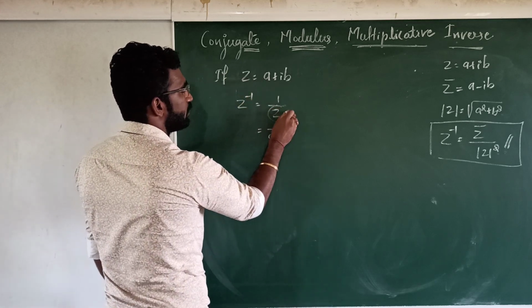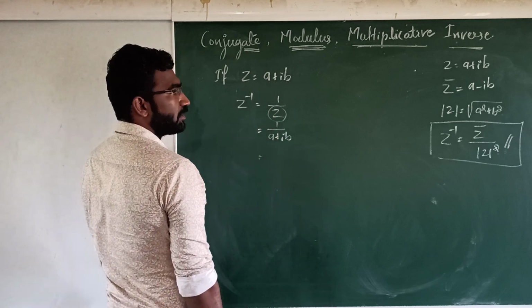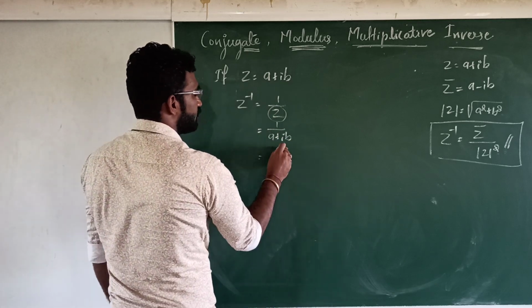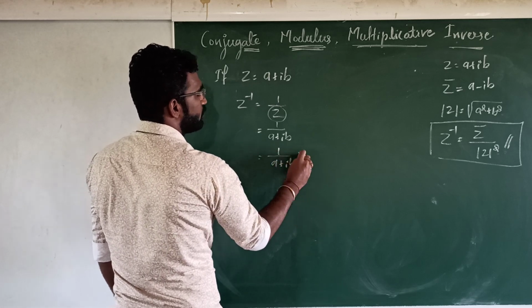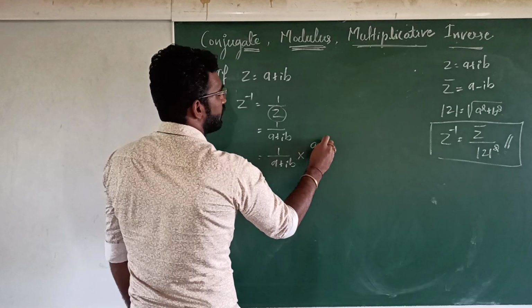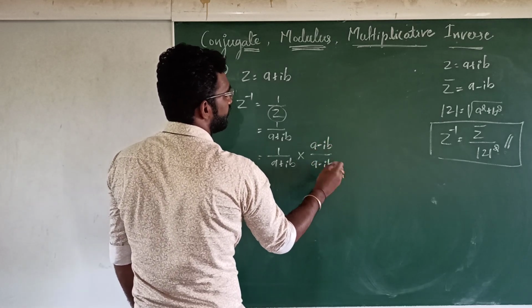In the place of z I have substituted this value. So if it is in the denominator you should go for rationalization. Rationalization means if a plus ib is there, then you should multiply by a minus ib and divide by a minus ib.